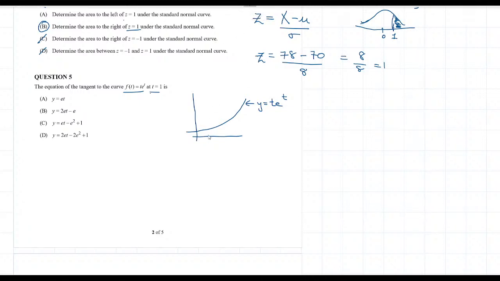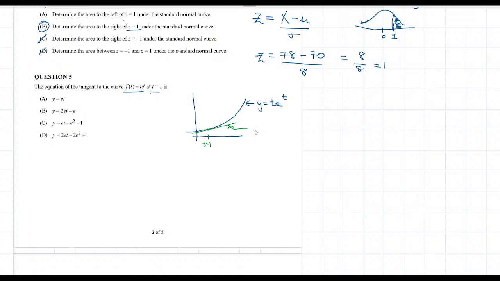At t equals 1, this is our t equals 1, at that point we've drawn a tangent to the curve. So we've drawn a line there like that. And we want to find the equation of this tangent.